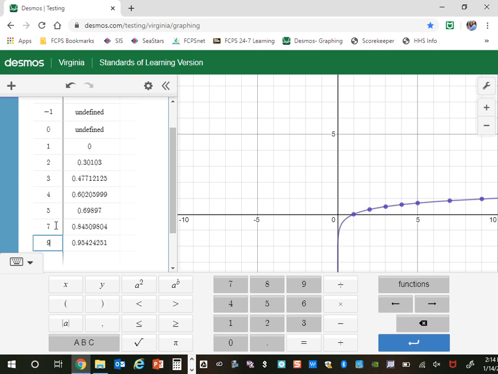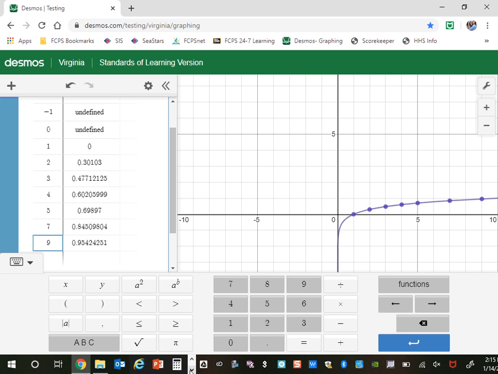We don't need that many. So let's write down 1, 0. What's the easy one to plot? We can do 3. 3 was 0.47, which is close to like 0.5. And then 5 is 0.69.